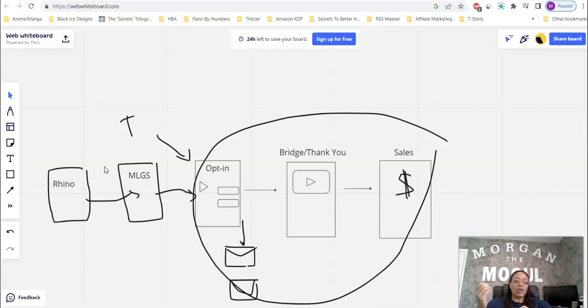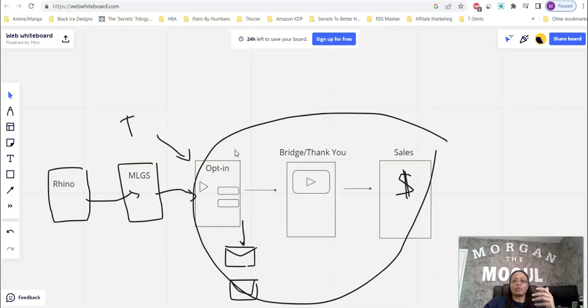That was the biggest flaw that we saw, and we created RhinoBot in order to solve that problem. So that's the entire funnel in a nutshell.